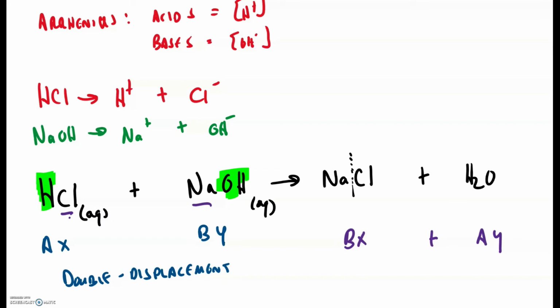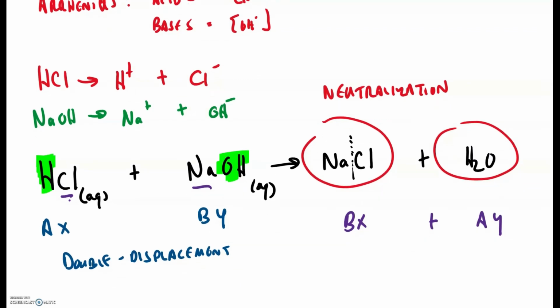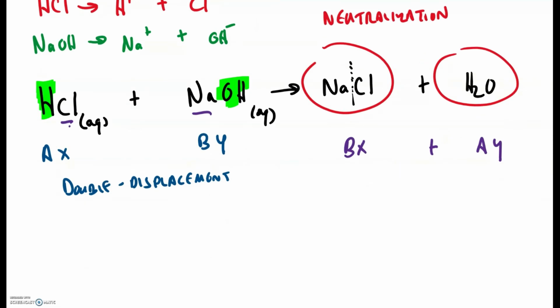This is called a neutralization reaction because an acid and a base went into the reaction, and when they came out, there is nothing left that resembles an acid or a base. And so their properties have been completely neutralized. So be careful when you're writing a neutralization reaction, because they should be balanced as much as possible.